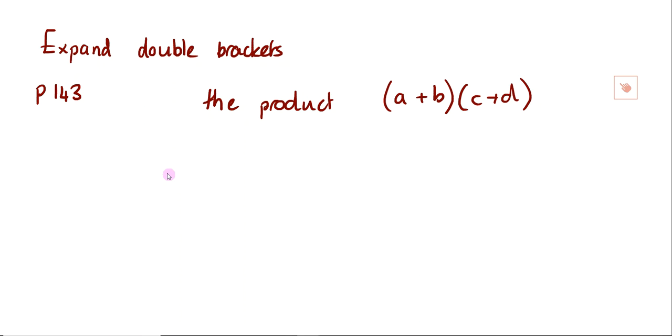If I do the product of 6 and 5, what's the answer? 30. Now I can rewrite this as 6 times 3 plus 2. That should still equal 30.